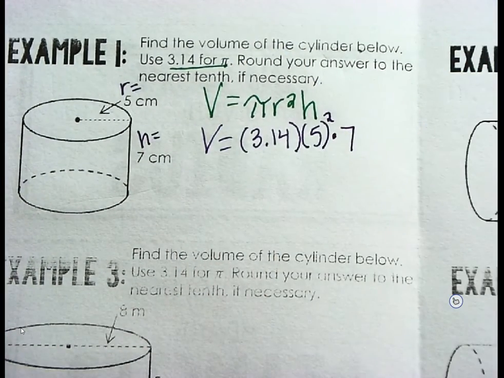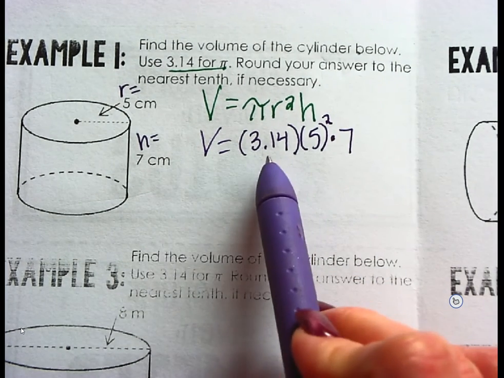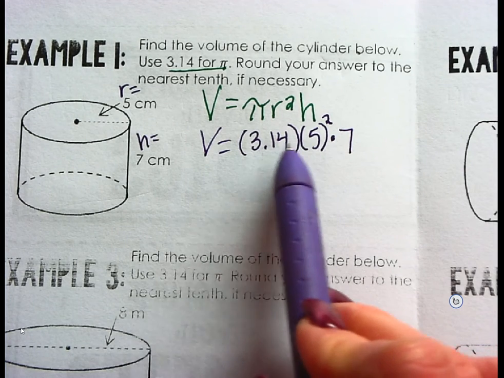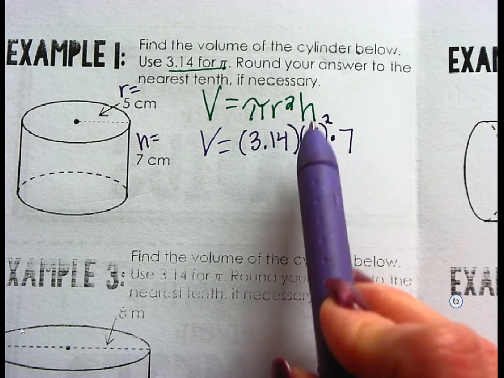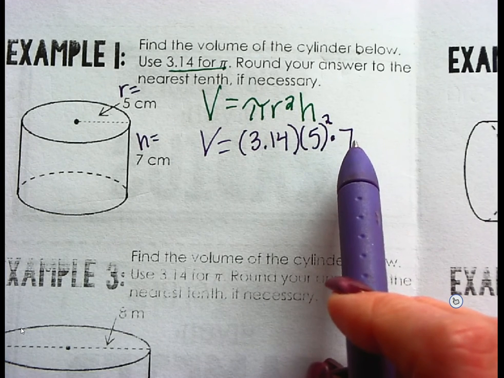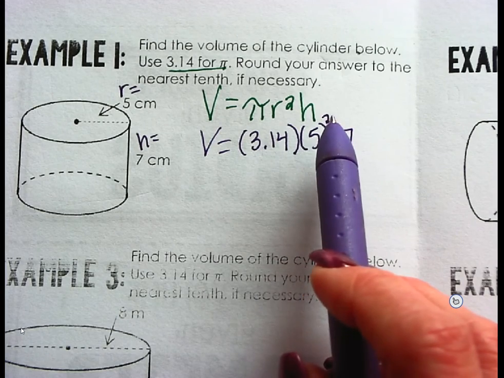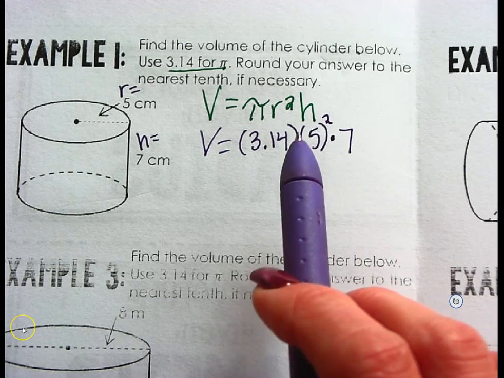Now that I've plugged in my numbers, I'm going to apply the order of operations to solve this. So what do I do first? Do I multiply these numbers together? Do I square the 5, or do I multiply 5 times 7? Isaiah? Square the 5, because our order of operations says exponents come before multiplication.